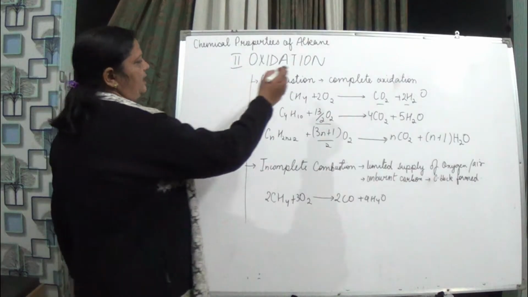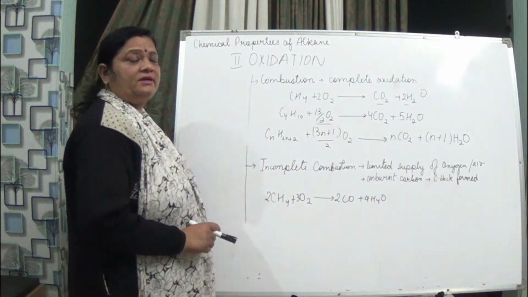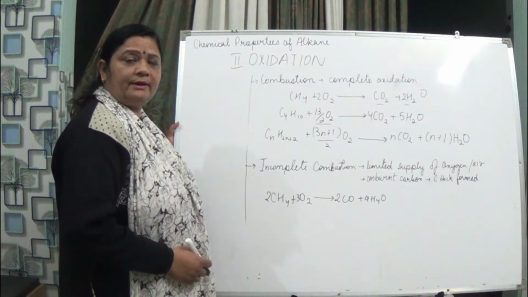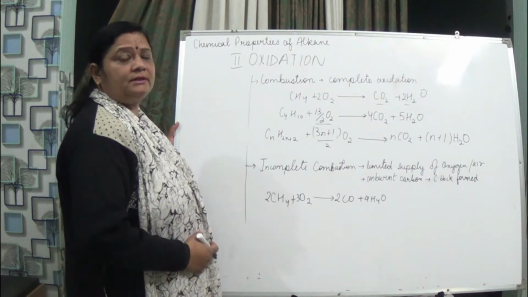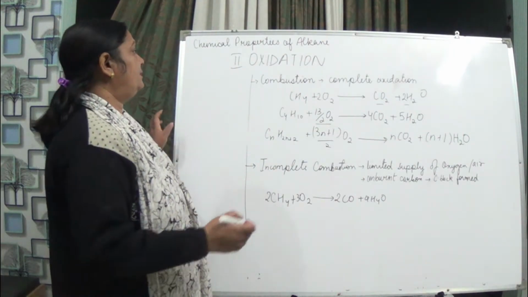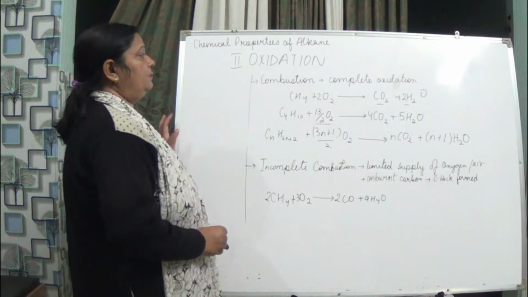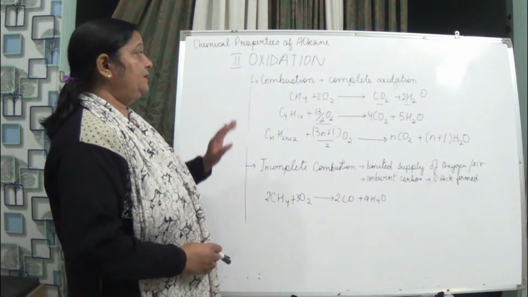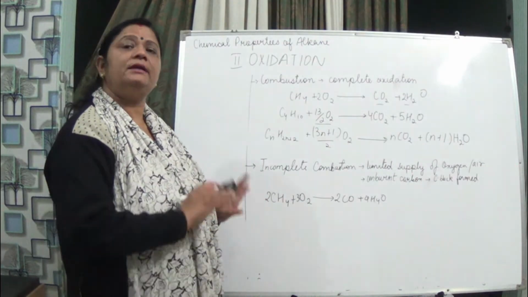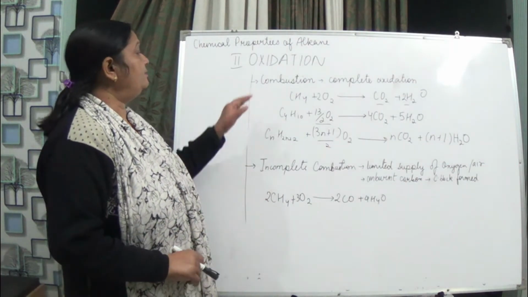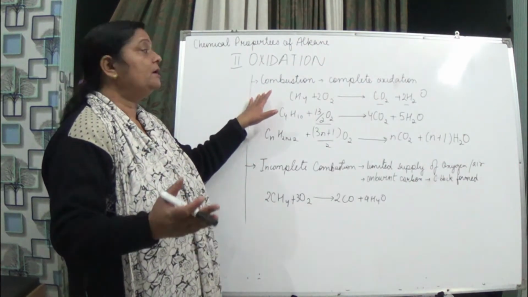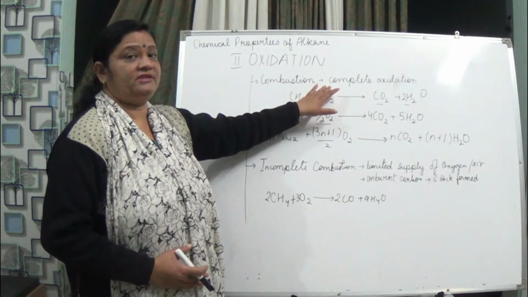So oxidation reaction takes place through combustion, controlled oxidation, and catalytic oxidation. When we are talking about combustion, it is of two types: complete combustion and incomplete combustion. When there is a surplus amount of oxygen, complete combustion or complete oxidation will take place.